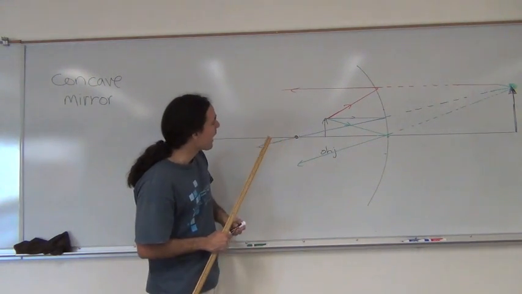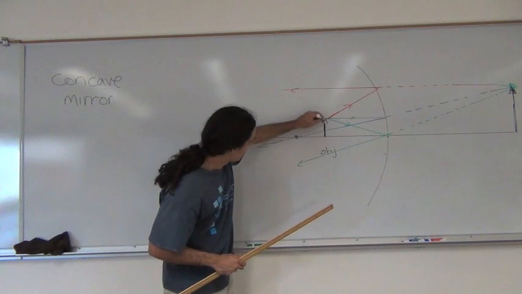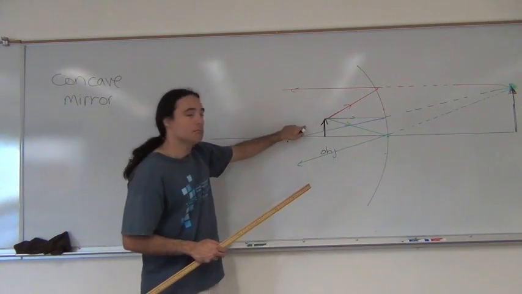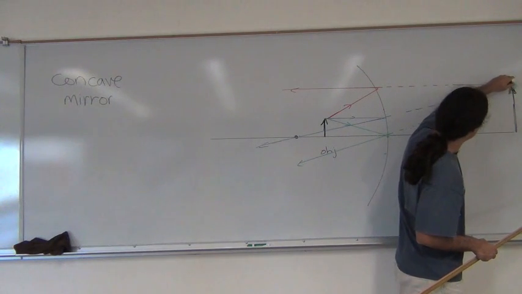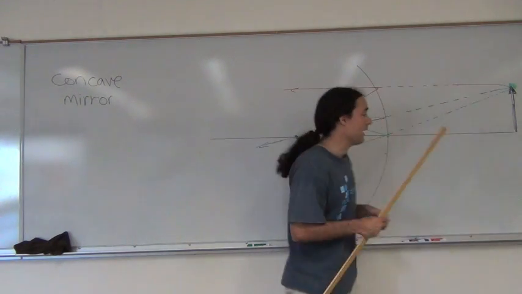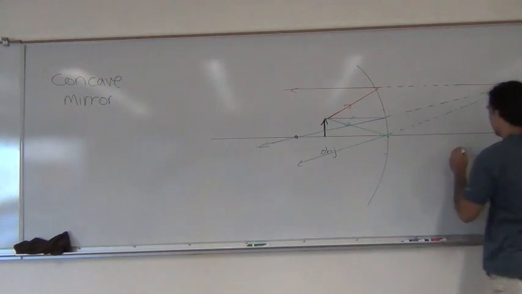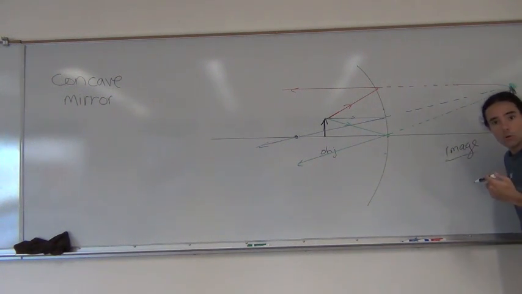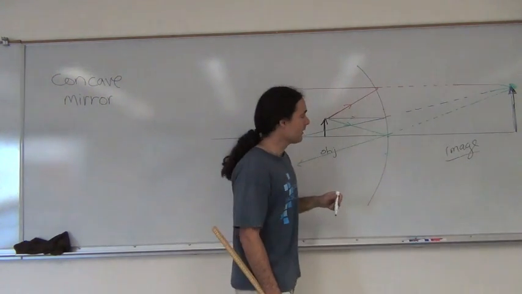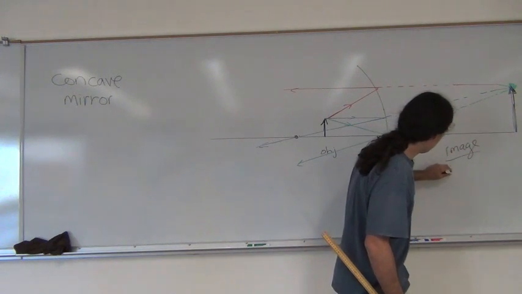So my actual object is fairly small, but my image is magnified. So we'll call this our image. We'll see that our image is magnified.